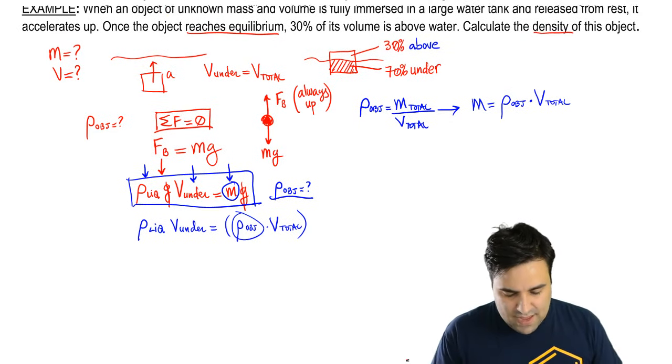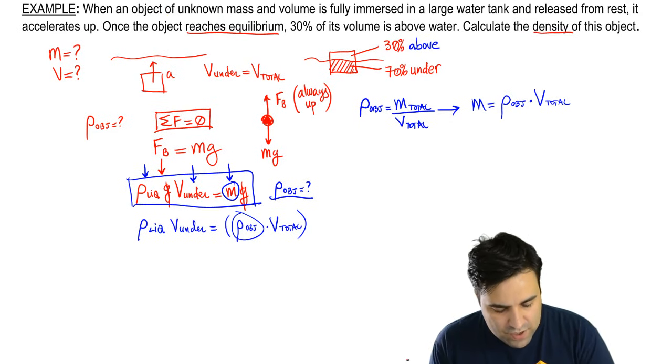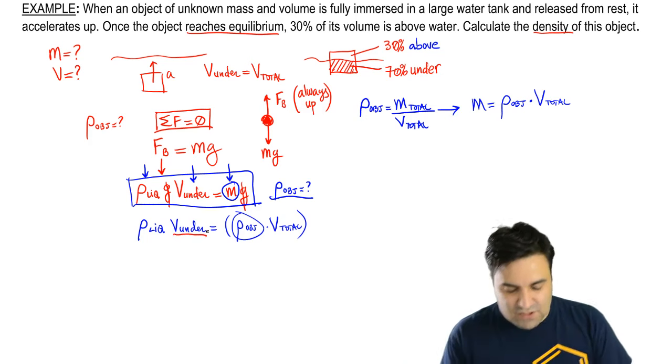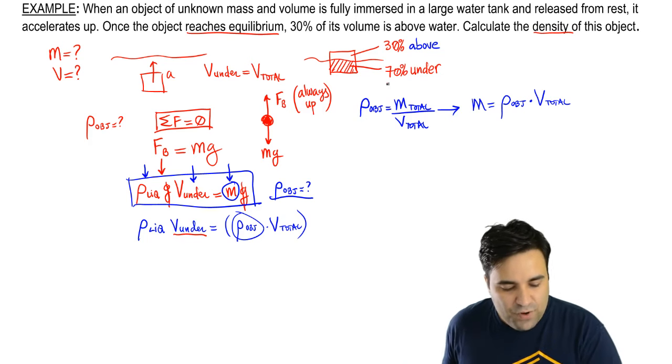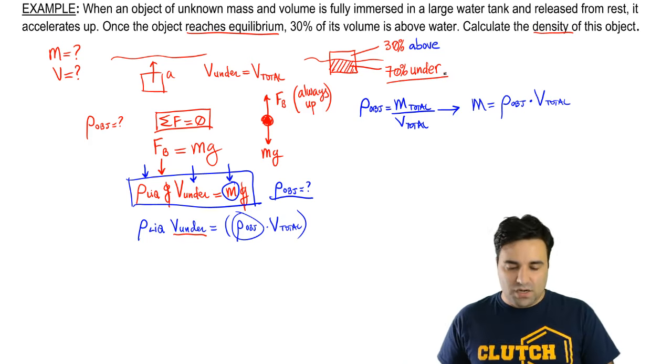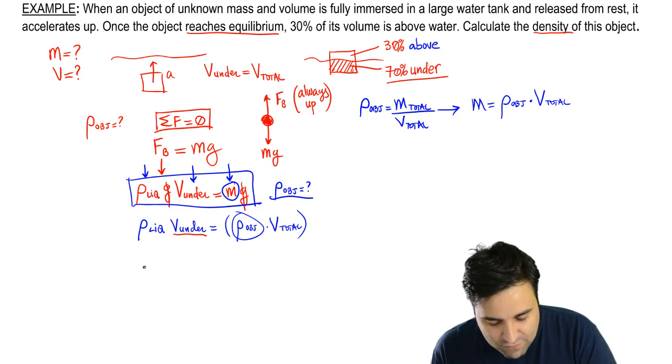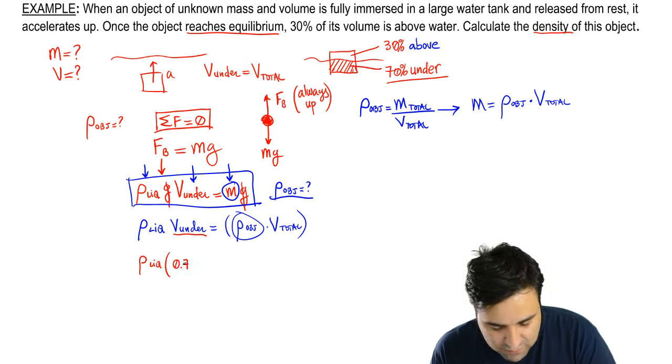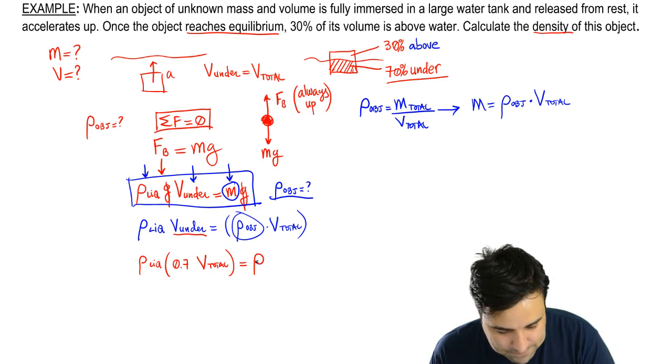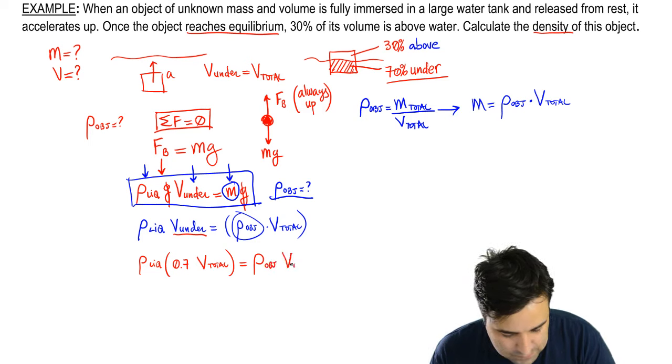Now, realize also that we know the volume under, okay? We know that we are 70% underwater, so I can rewrite volume under as 70% of, or 0.7 times, volume total, okay? Just rewriting this here.